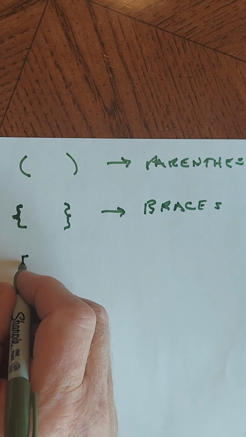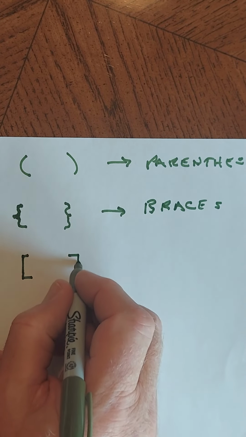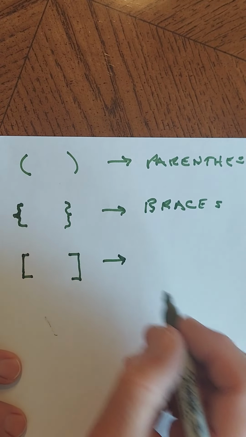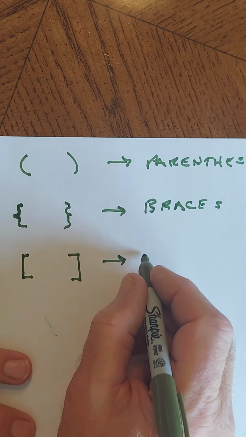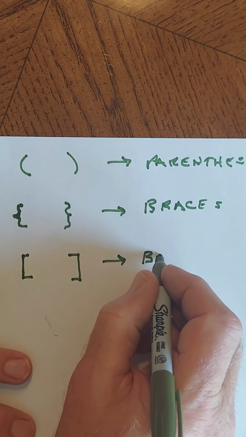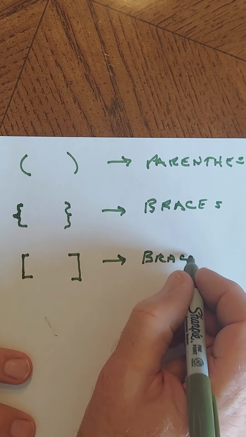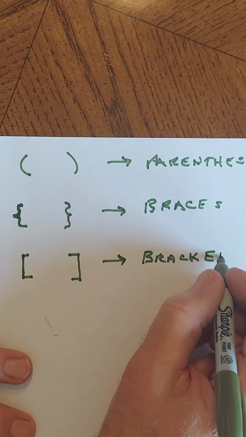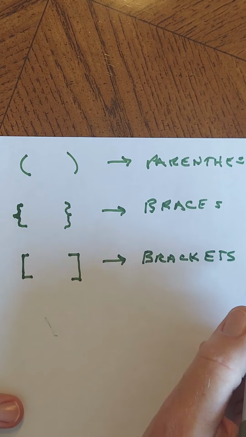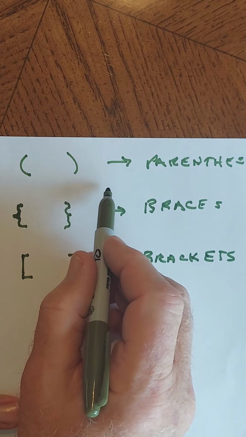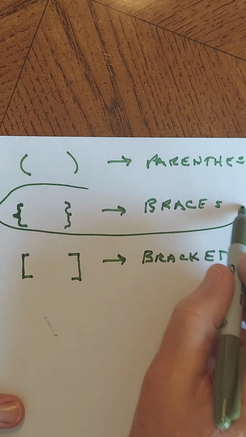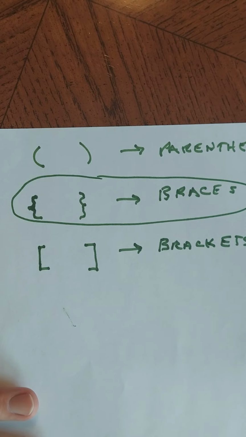And then sometimes they'll do this. These are called brackets. We kind of use those in matrices. So when we talk about sets, we use braces. Okay, just thought I'd point that out. Okay, so let's move on.